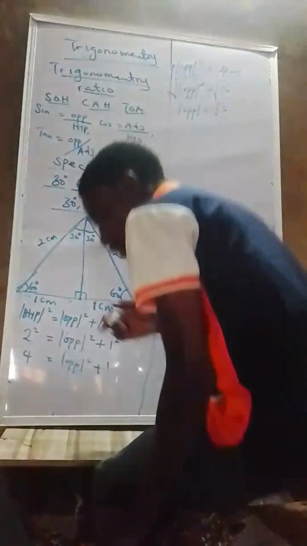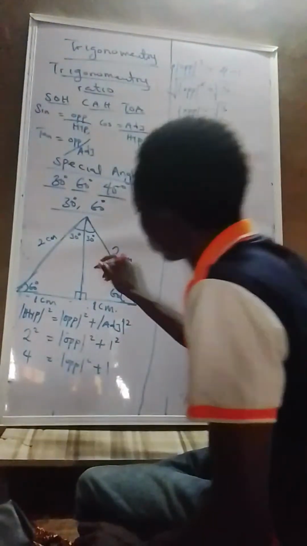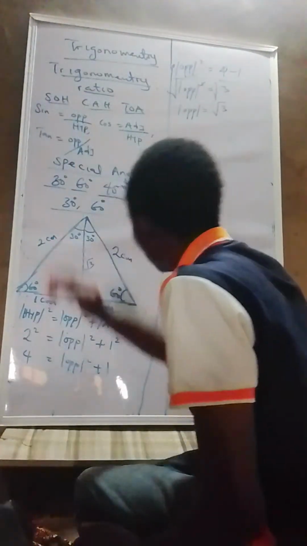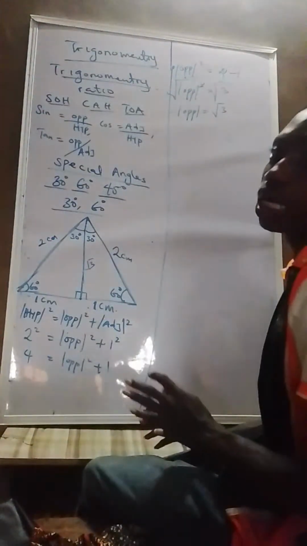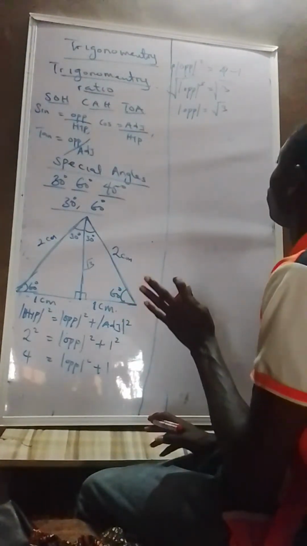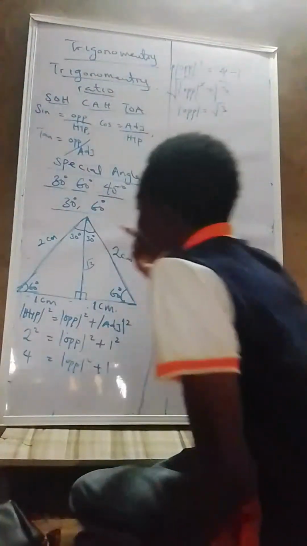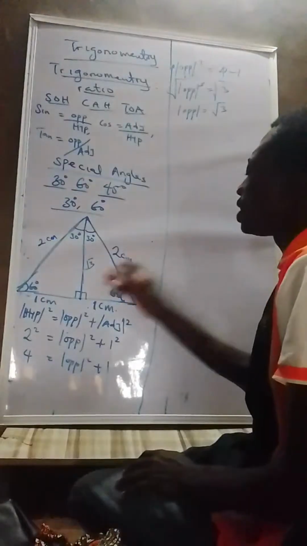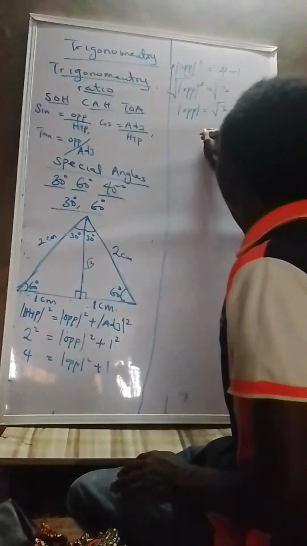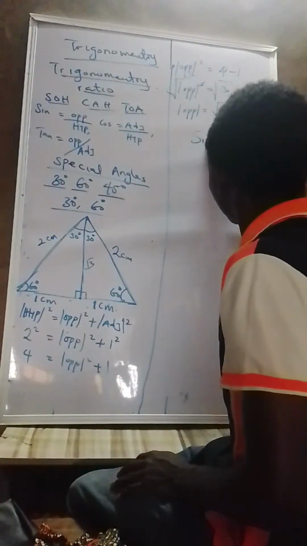That is why most of the time root 3 is located in this particular place as our partner. Then if we now check it, let's put sine in this place first.